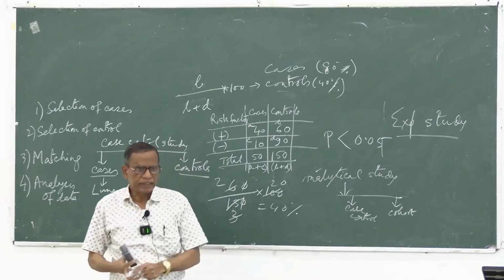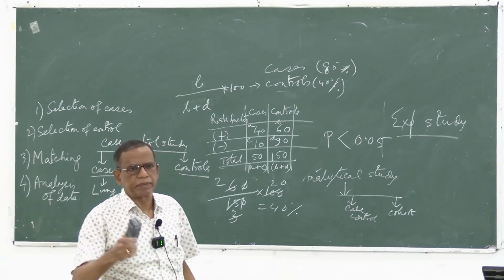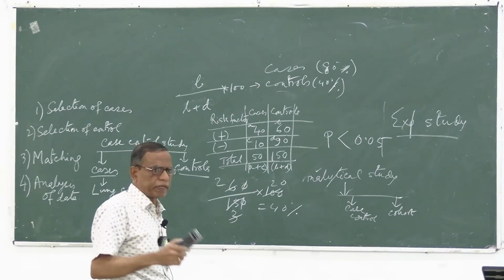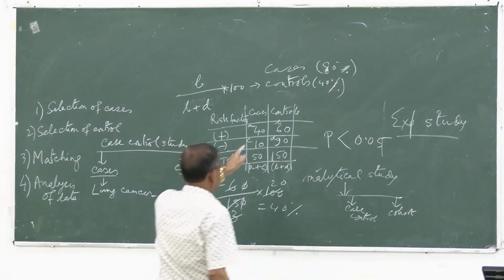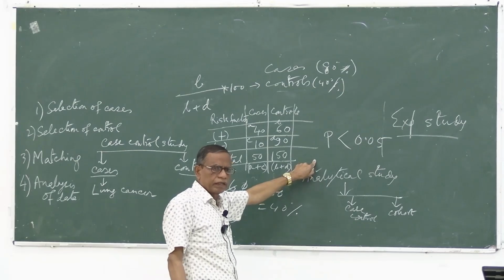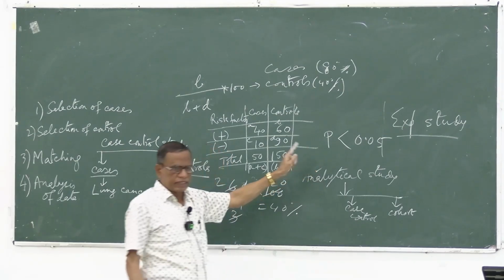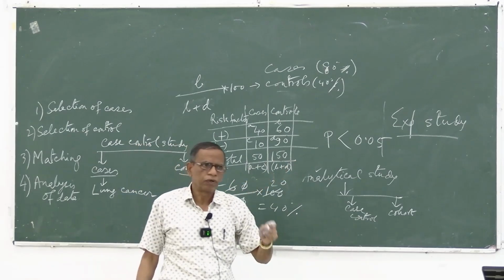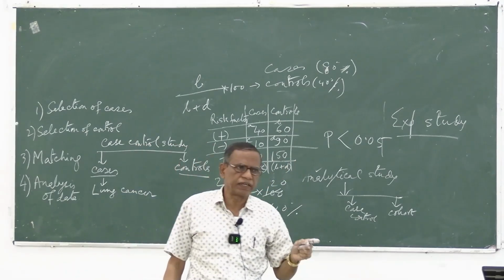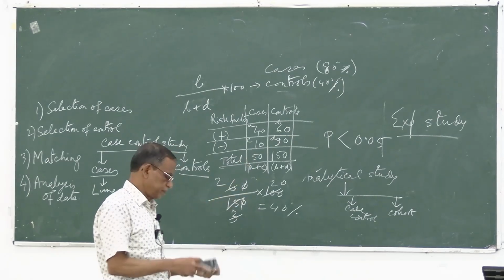That means this difference is not a chance factor. This difference is statistically significant. If you apply the chi-square test, you will find the p-value is less than 0.05, which is statistically significant.